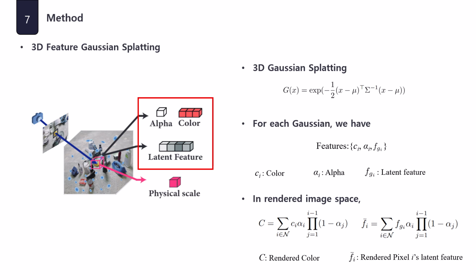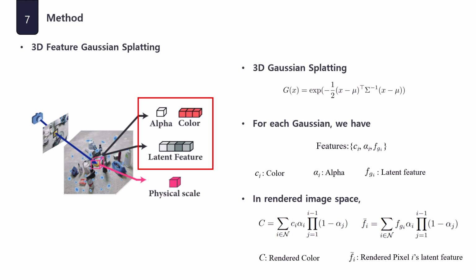The physical scale, derived earlier, is also associated with the Gaussian in its vicinity. Next step is rendering latent features. Just like color and alpha are rendered into the 2D image space using the standard rasterization process of 3DGS, these latent features can also be rendered.